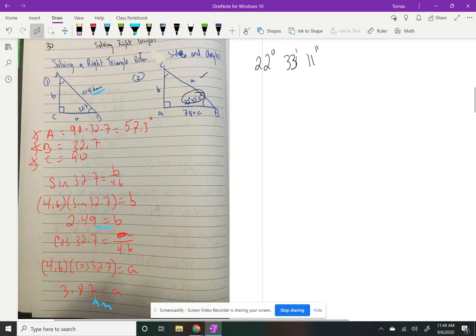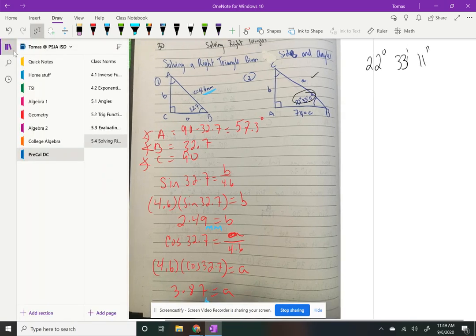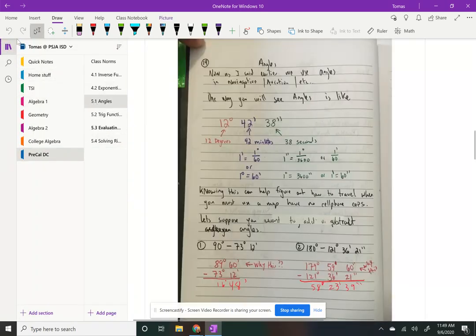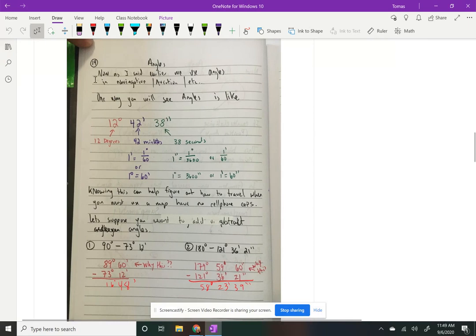So we talked about this back in the angles section. It's page 14 of your notes, right? So we have 12 degrees, 42 minutes, 38 seconds, right? And we just put it over 60 for the minutes, put it over 3,600 for the seconds, and we can convert it to decimals.